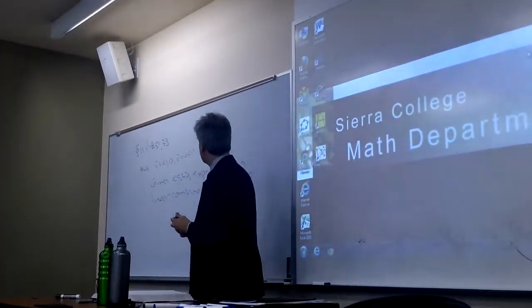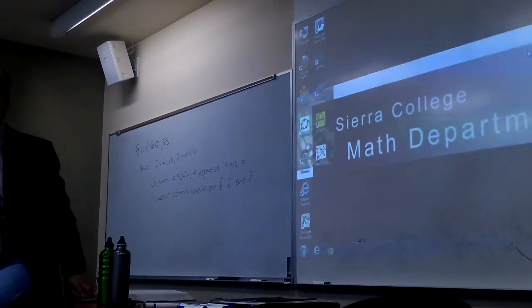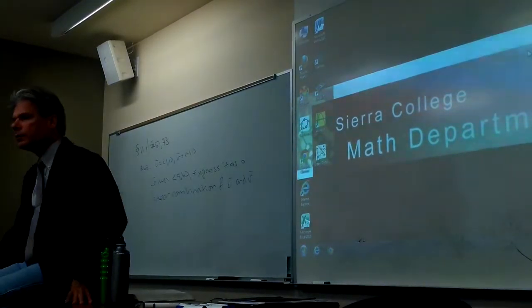How do I start off with this? A linear combination of the U bar and V bar, what does that mean?